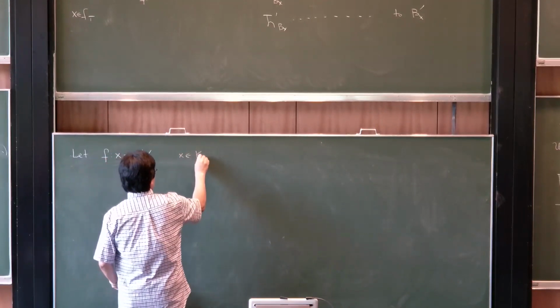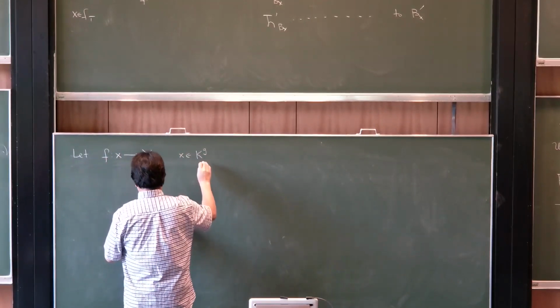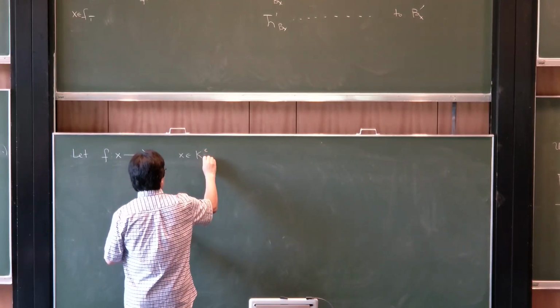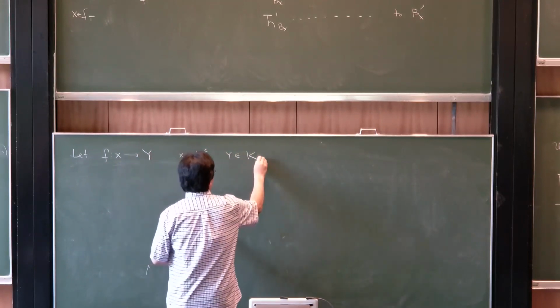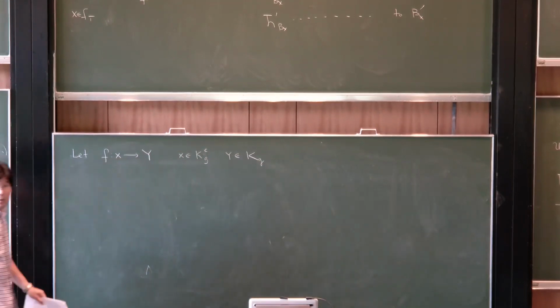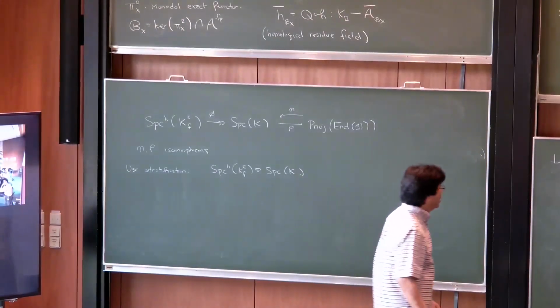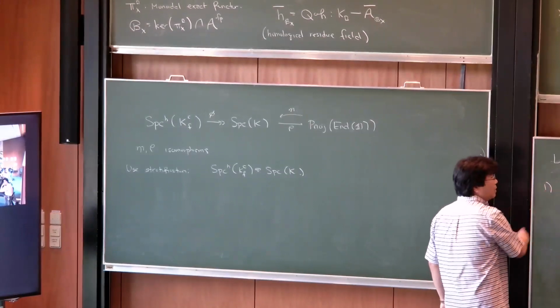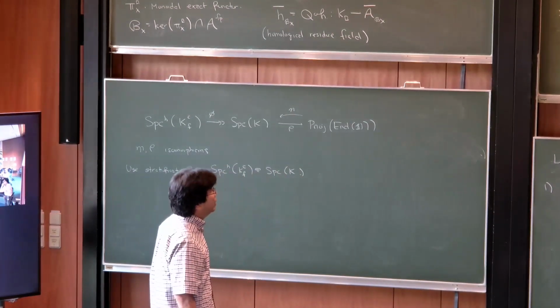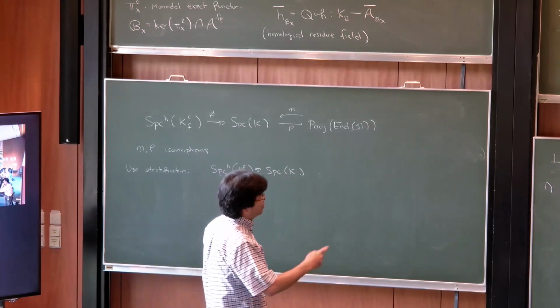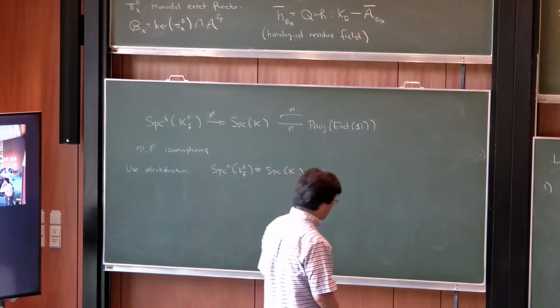So this is in KC of G, and Y can be any sort of object in KG. All right, so there are 4 points that I'm going to make, and then ultimately at the end, I'm going to state nilpotence for the order.